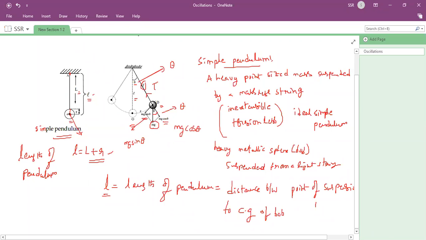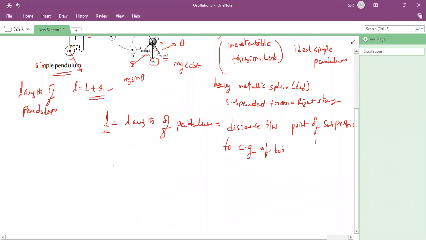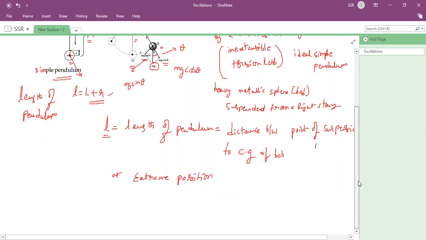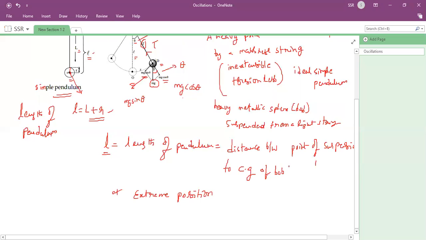At the extreme position, the bob is in equilibrium, so tension T is balanced by mg cos theta. This is equation number 1.